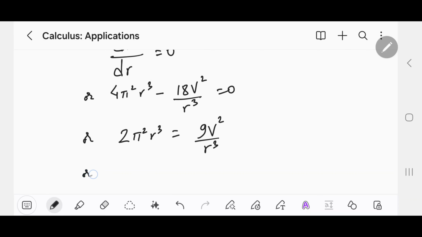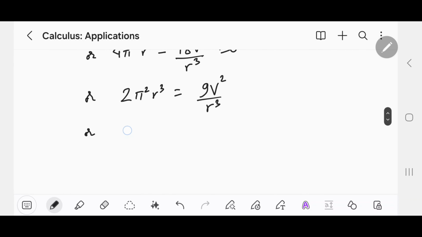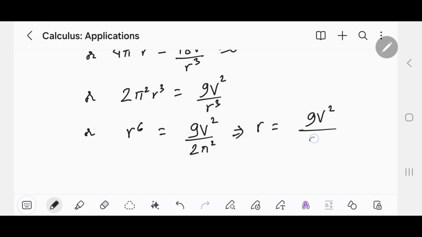That is, this will be r power 6 equals 9V square by 2 pi square, which implies r equals (9V square by 2 pi square) power 1 by 6. Let this be equation 4.